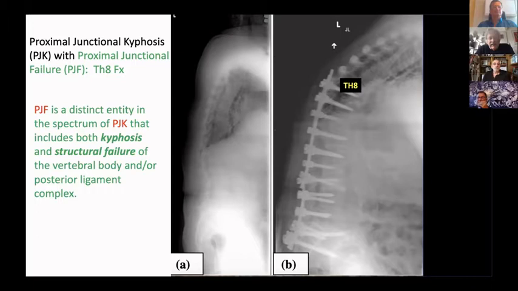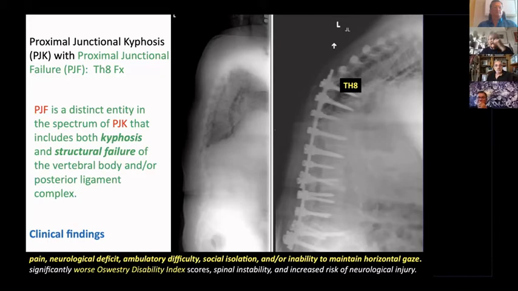It is the failure. That means this is a failure which is given through the structural failure of the vertebral body and/or the posterior ligament complex. Both of these, and I will come back to that, are very important to understand what exactly is the problem in these specific cases.